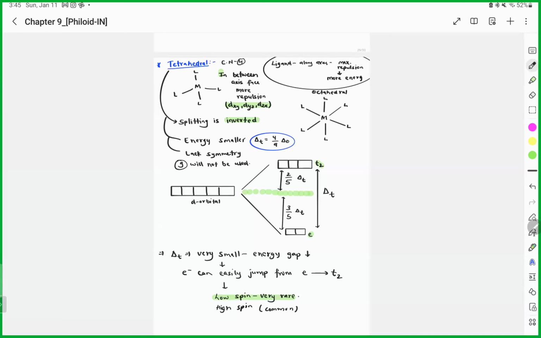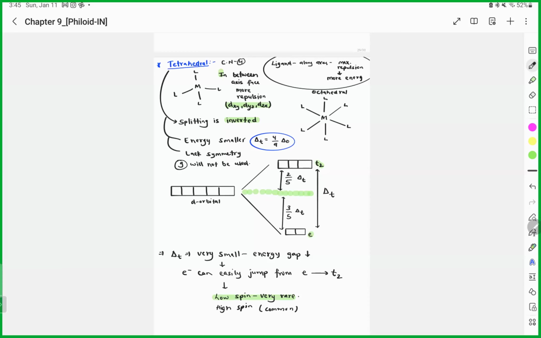We don't use g in tetrahedral because there is no symmetry. Ligand and metal are considered an electrostatic model, where the metal is positive and the ligand is negative. When negative approaches positive, the field breaks into two parts, t2g and eg.